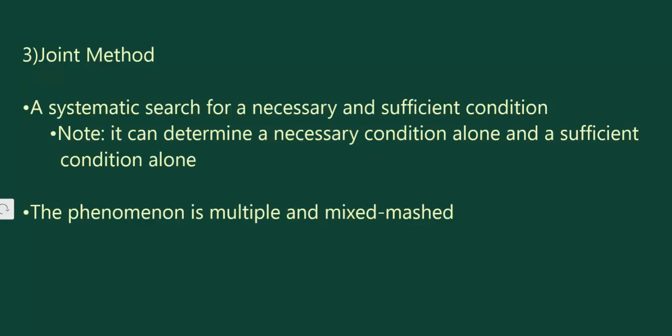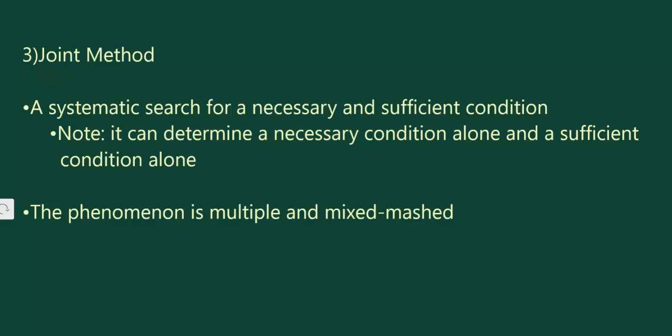Basically what we're doing in the joint method is employing tactics that are very similar to the method of agreement and the method of difference. It's not exactly true to say that we're using both of those methods combined, but the strategies we are combining are very similar to those strategies.